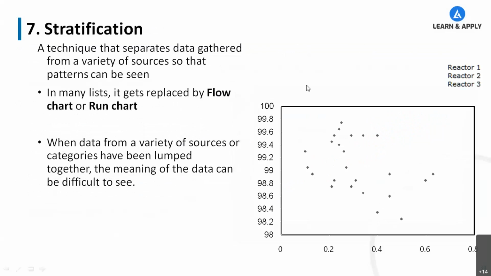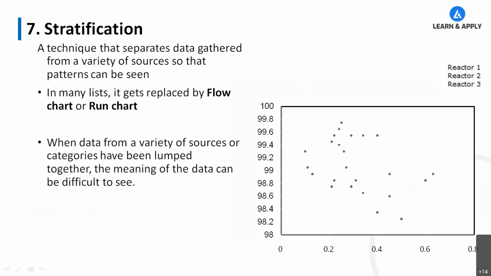The seventh is stratification. This is the technique that separates data gathered from a variety of sources. In a scatter plot, let's say in a similar way we have plotted some points and we are not getting any correlation between them.